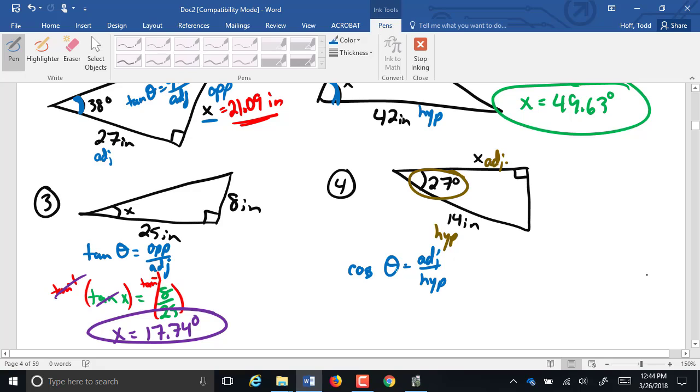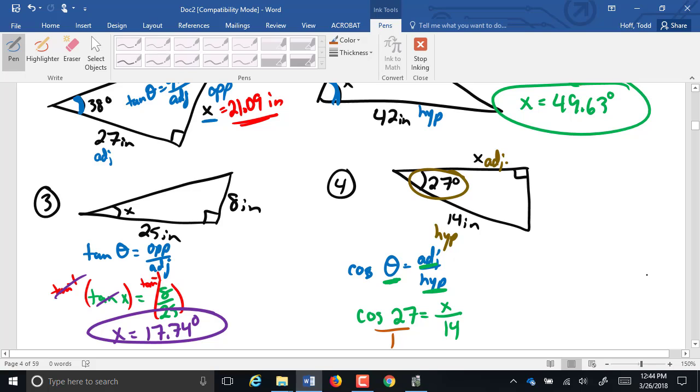You are correct. So, as we write this out, do we know the angle? Yep, that's the 27. Do we know the adjacent side? No, that's our x. Do we know the hypotenuse? Yeah, we better. We can only have one thing that we don't know. So we're looking for a missing side, so we make it a proportion.